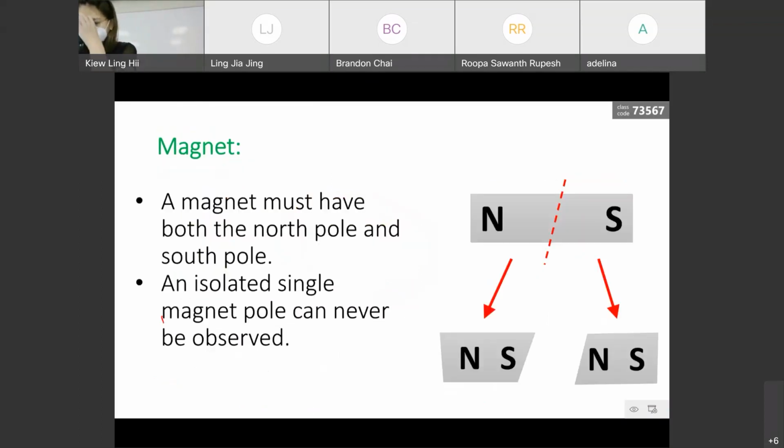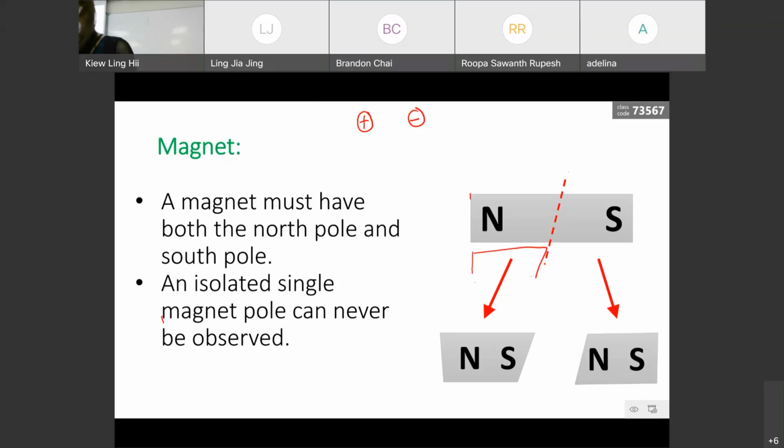Another special characteristic of magnet: unlike electric charges, where we can have a separate or individual positive or negative charge existing individually, for a magnet, the north pole and south pole must be together. Meaning that, let's say if I have a magnet here and I cut it in half, what will happen? Okay, we will get a portion of this and another portion with this.